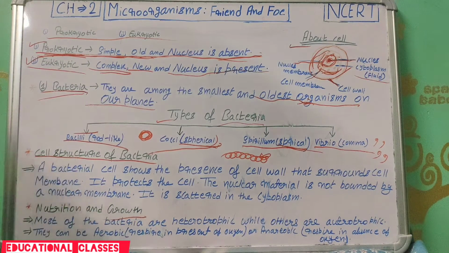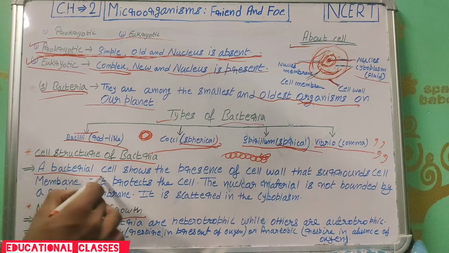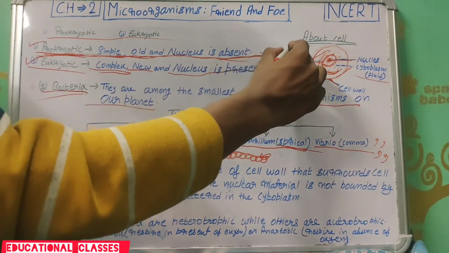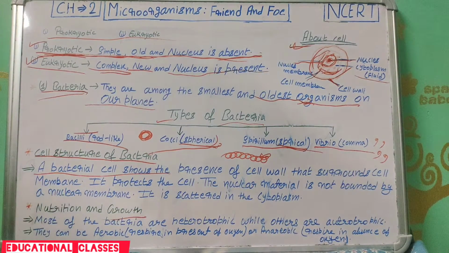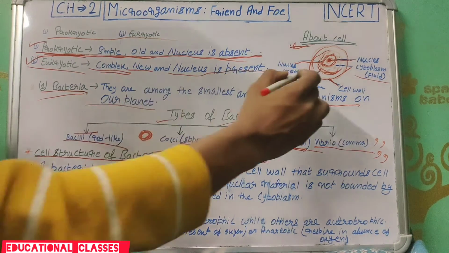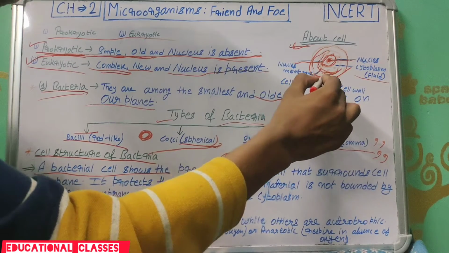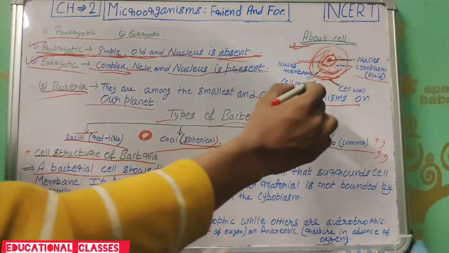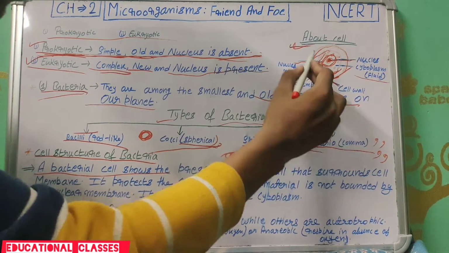Coming to the cell structure of bacteria. The first point is that a bacterial cell shows the presence of a cell wall that surrounds the cell membrane. I have already told you here that in the bacterial cell, the cell wall is present, and the cell wall surrounds the cell membrane.